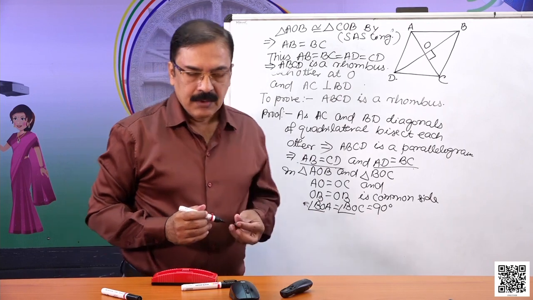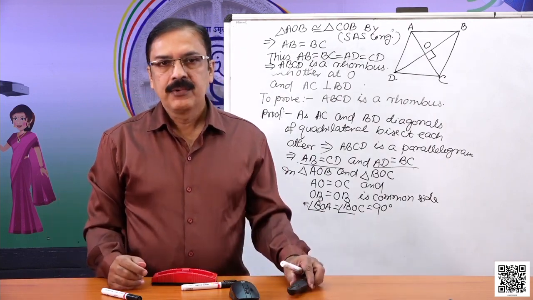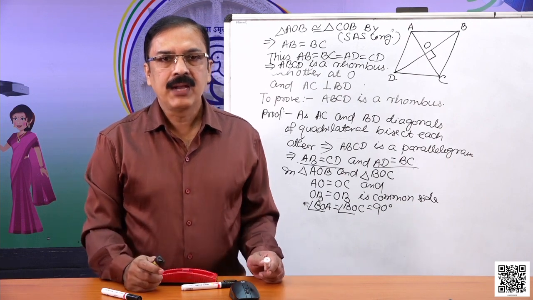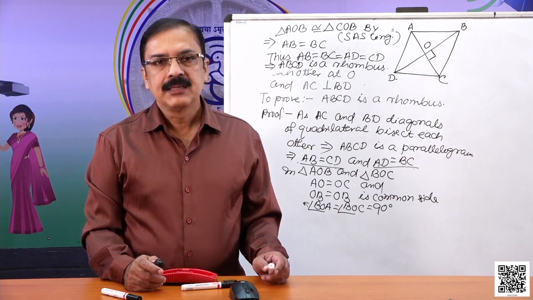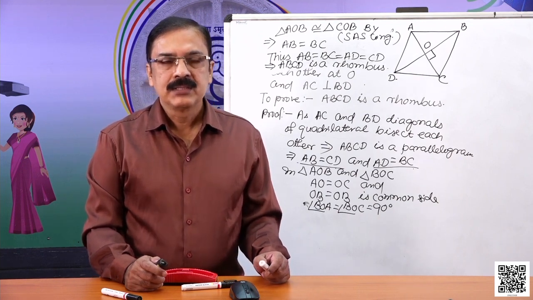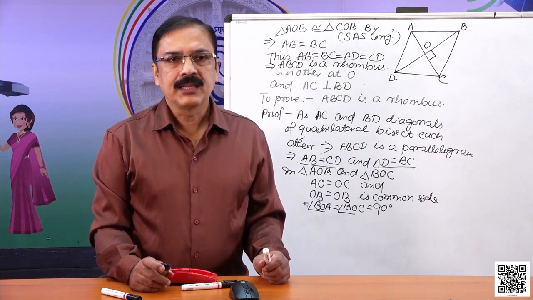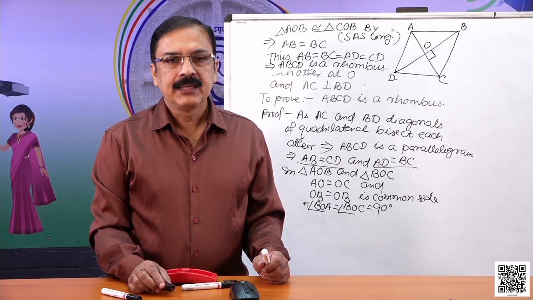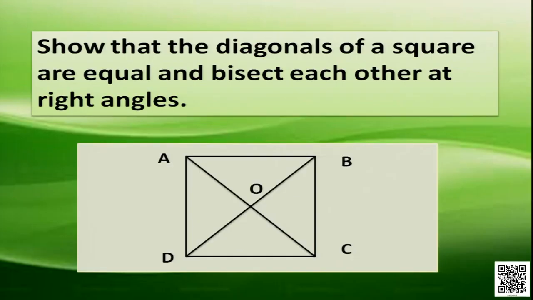So thus, by applying the properties of a parallelogram, we can prove that if the diagonals of a quadrilateral bisect each other at right angles, then it is a rhombus. Let's have another question. The question is: show that the diagonals of a square are equal and bisect each other at right angles. In this question, a square is given.